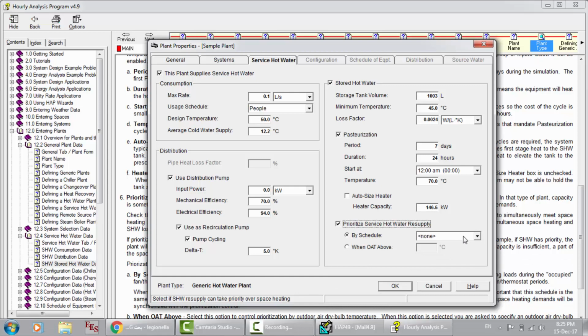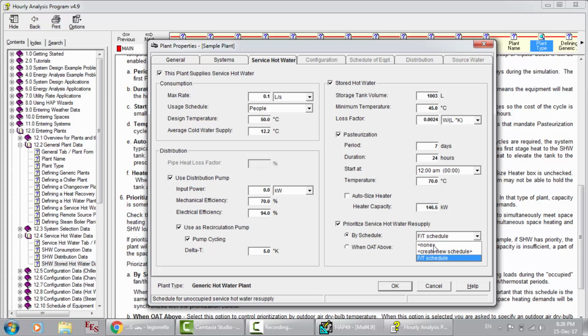Here, by schedule, you can create a new schedule. You can use the FT schedule that we have talked about. If you use this, the service hot water will only be used if the FT schedule is unoccupied, and the central heating for the zones will be used if the FT schedule or the profile shows that there is occupation.